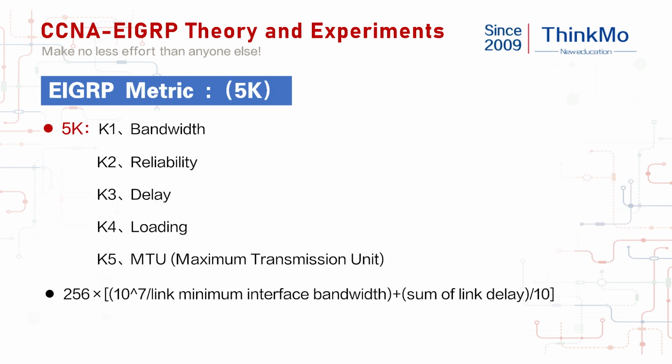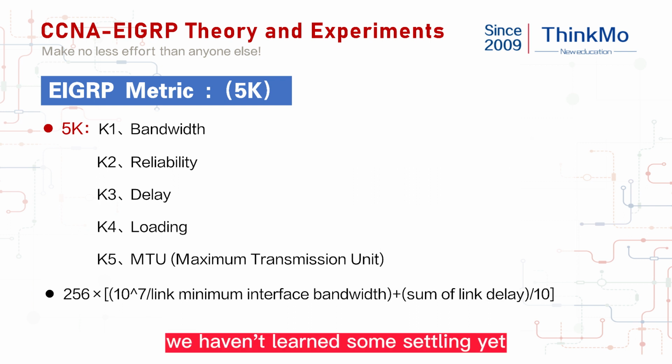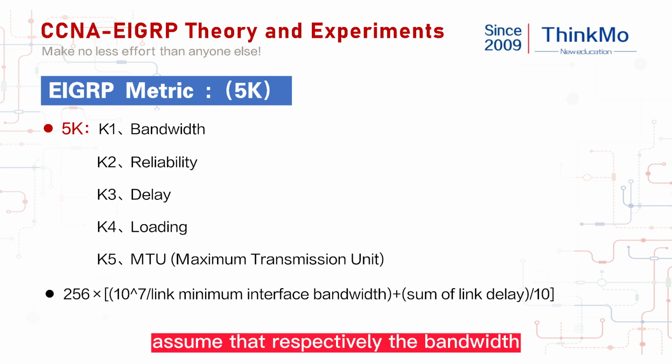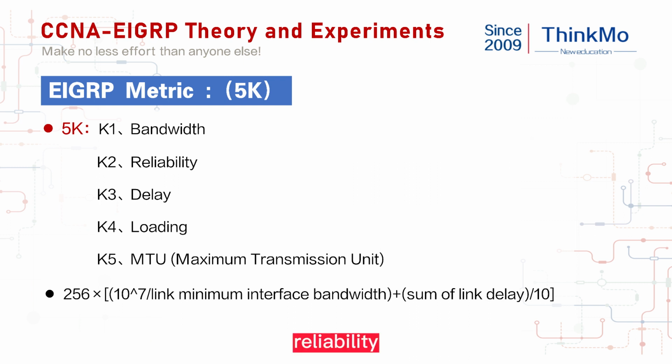Then look down. This is Cisco's metric. This 5K refers to 5 values. We haven't learned some settings yet. You can think of this K as 5 values: respectively the bandwidth, reliability, delay, load, and maximum transmission unit.